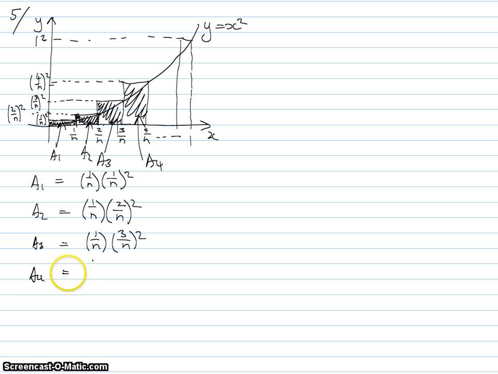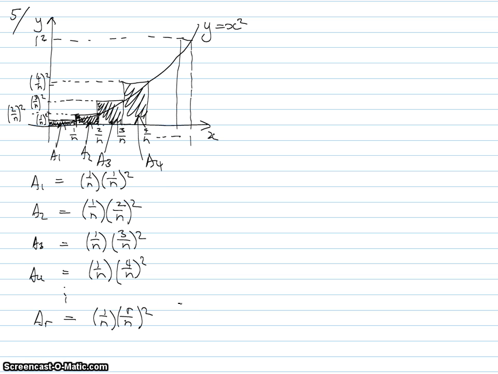A4 is going to be 1 over n times 4 over n squared. So if I can see the pattern, it's quite easy. The pattern is my rth rectangle has an area of base 1 over n times height r over n squared.